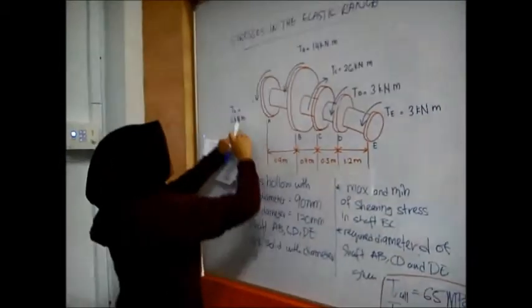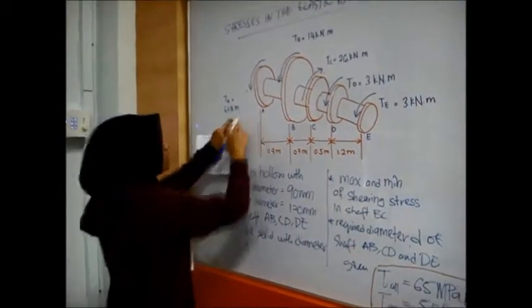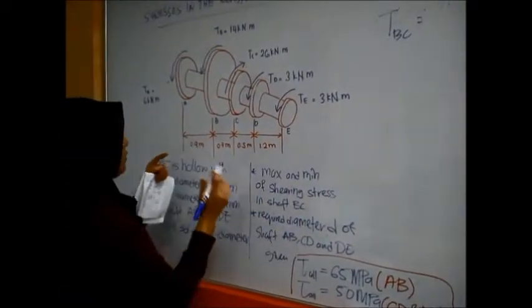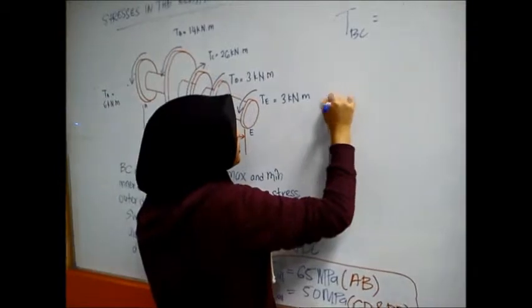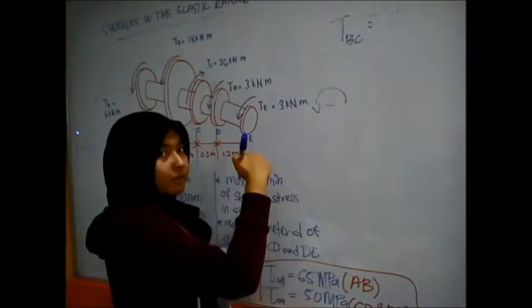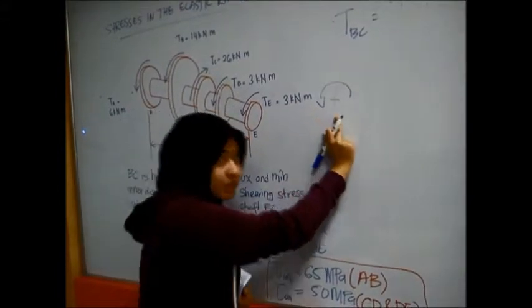So we take 6 kilonewton meter. Since the torque moves to the left, we assume this as positive.